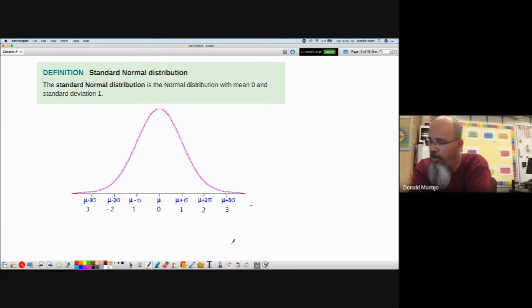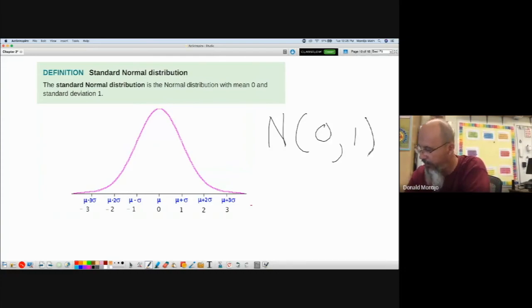A standard normal distribution is the one that we spoke about a minute ago. Remember, the big N stands for normal distribution. How do I describe a normal distribution? With the mean and the standard deviation. So normal with a mean of 0 and a standard deviation of 1.